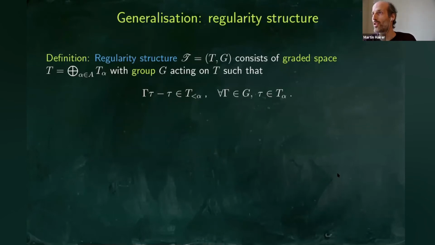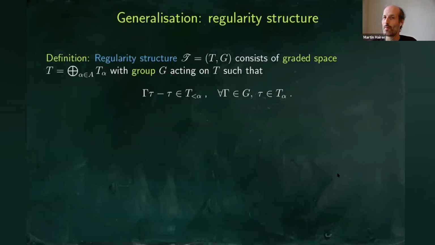So 40 minutes in, I'm at the first definition. I might be going too slowly here. The definition is basically to take the deconstruction of the previous slide and remove all references to polynomials, but keep everything else.